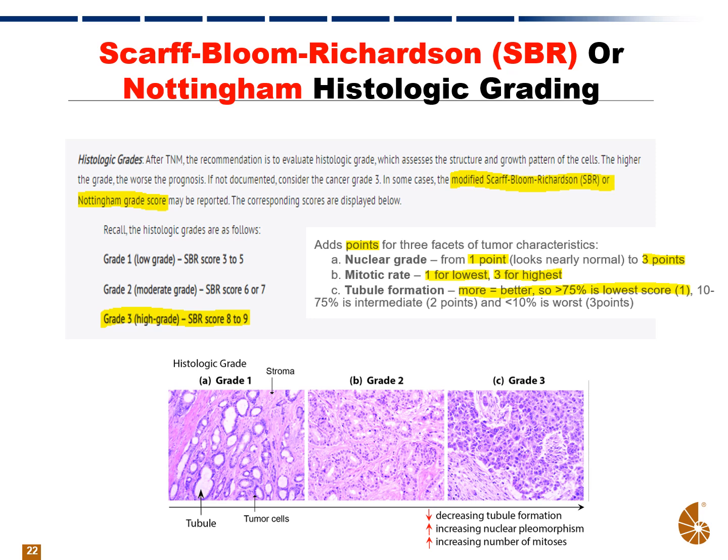And just a little more about this grade that I had talked about, the grade of the cells. What does that SBR that I talked about actually represent? That's Scarff-Bloom-Richardson, or the Nottingham histologic grading system. If you see SBR or Nottingham, you can see the difference between grade 1, which is low grade and the score is 3 to 5, grade 2, which is a score of 6 to 7, and high grade, which is a score of 8 to 9.